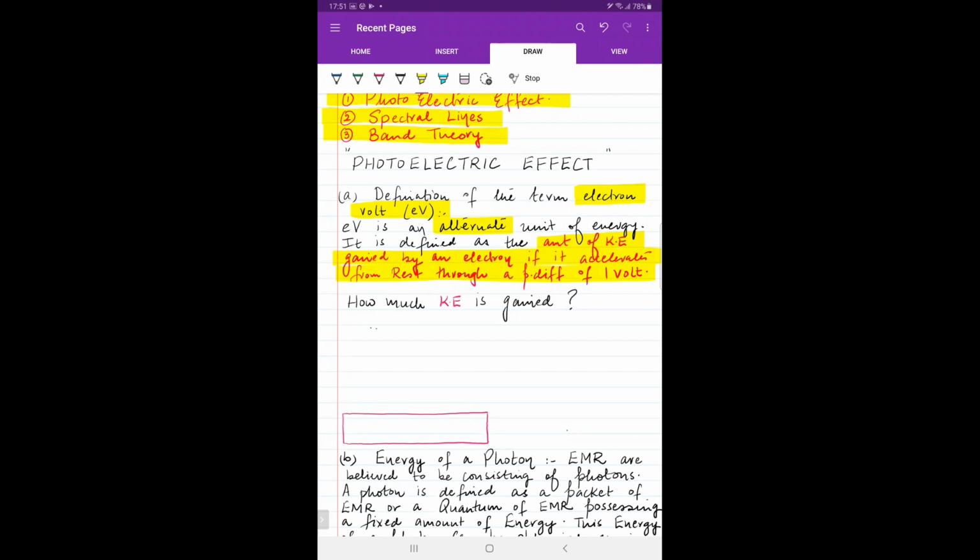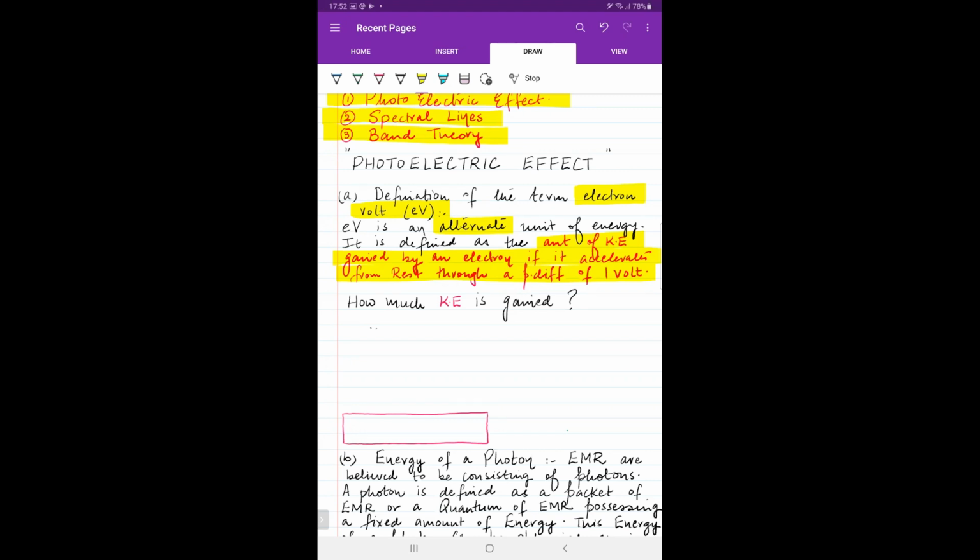So think of an electron which begins from rest. When this electron accelerates through a potential difference of 1 volt, the amount of kinetic energy it gains is referred to as 1 electron volt, or in short, 1 eV.